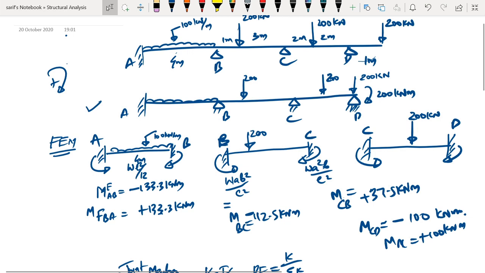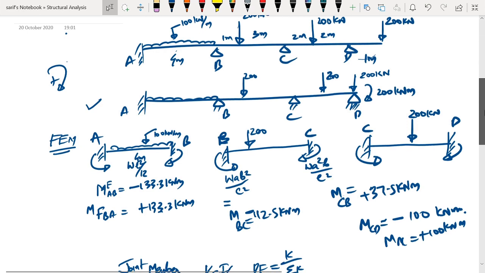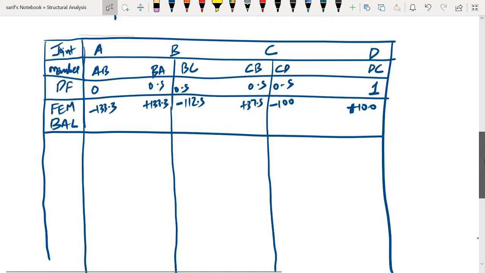In reality the moment acting at point D is a clockwise 200, but in the moment distribution column we are only having a plus 100 there, that is a clockwise 100. So to reach the conditions in the real beam, we have to add a plus 100 here, so that in total a plus 200 develops at the joint D.